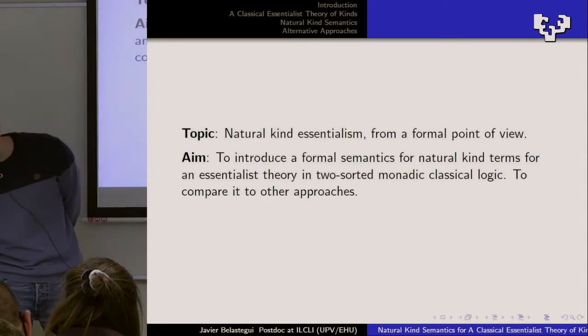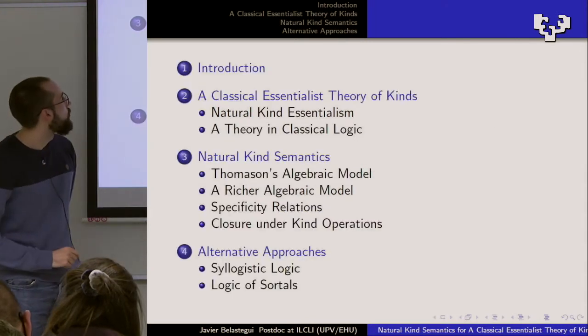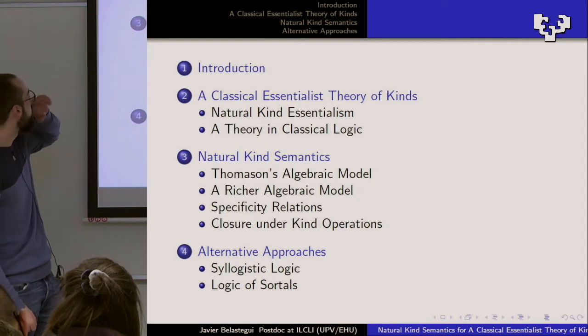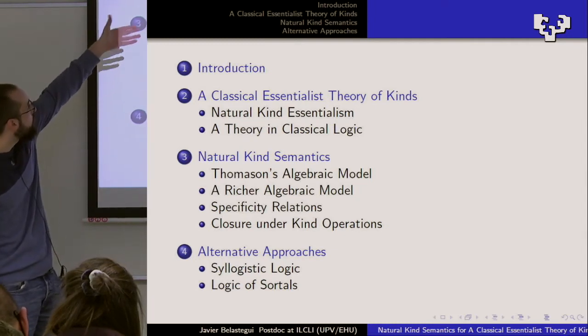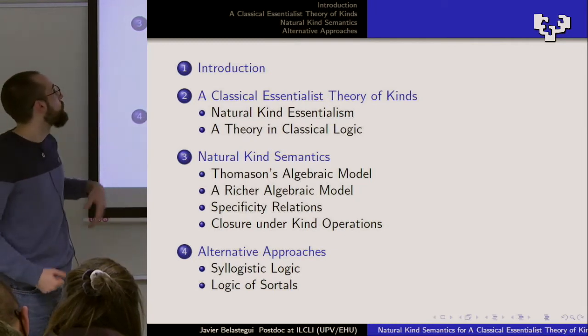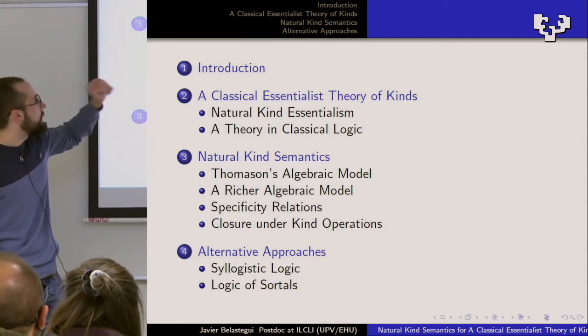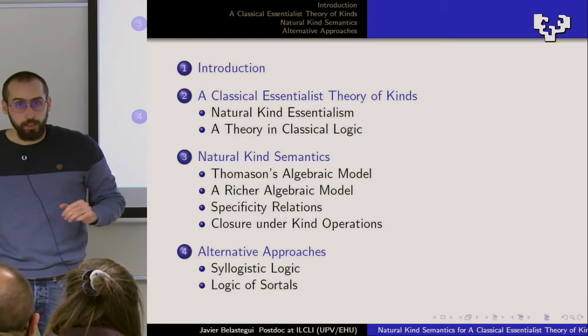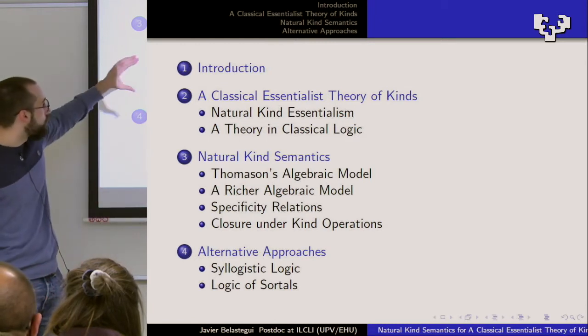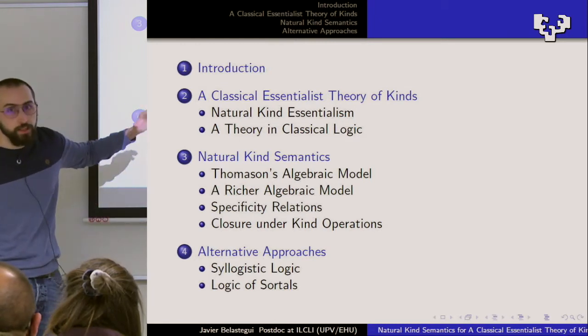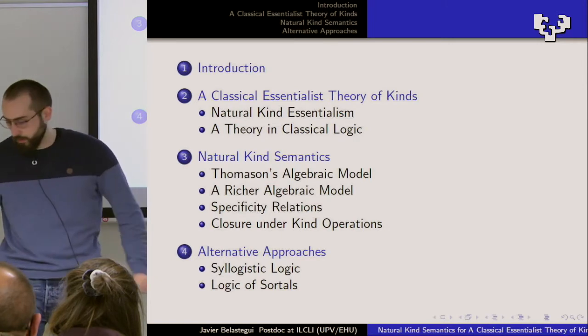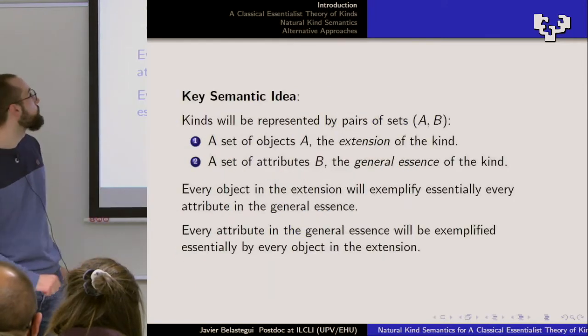And if time permits, I will compare this to other approaches. So this is the outline of the talk. First, an introduction with an example. Then the formulation of the classical essentialist theory of kinds in classical logic. Then the core of the talk, namely natural kind semantics, and then comparison to other approaches.